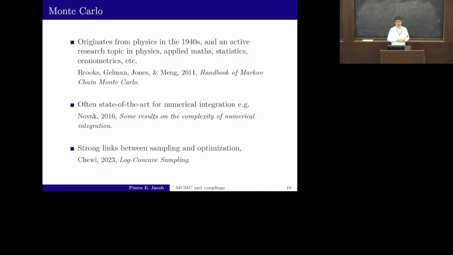Other ways of doing numerical integration would be, for example, if you have a one-dimensional integral and you want to compute the area under a curve. Naturally, in high school, you may decide to grid the space, obtaining, for example, equidistant points.